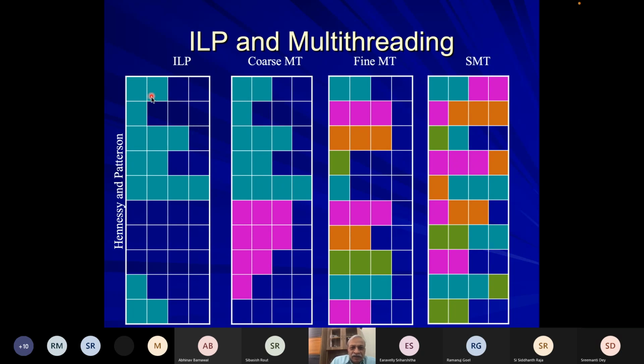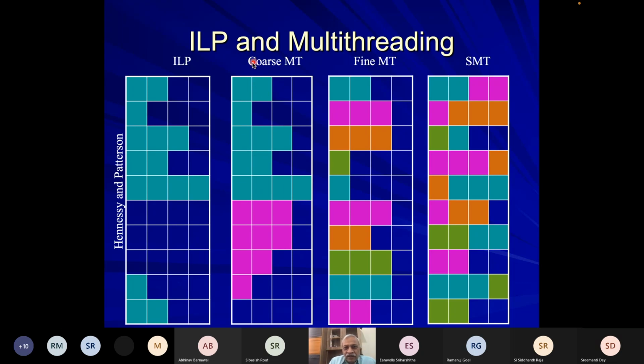And maybe at this point, there was a cache miss and need for idling through multiple cycles. Then we could continue, with 1 instruction done in this cycle, 2 done in this cycle, and so on. So you could see that there's room for improvement. There is a lot of underutilization here.